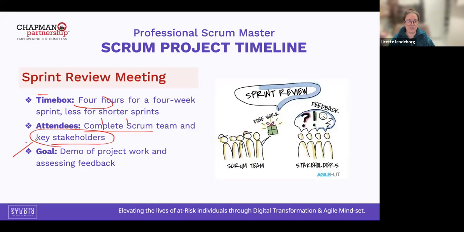That is an additional group. Key stakeholders. What is the goal of the sprint review? It's to demonstrate the work that we just finished at the end of this beautiful sprint. You see, it's showing the done work. Scrum team is showing it to the stakeholders. And they are supposed to provide feedback.